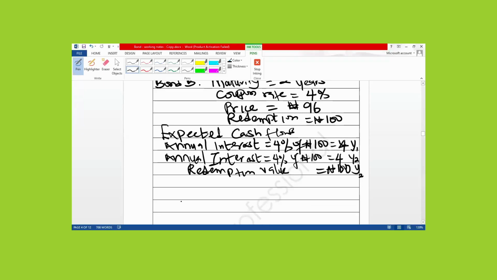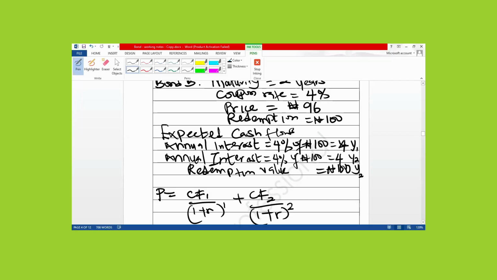I know the price today. Price is equal to cash flow in year 1 over 1 plus R in year 1, raised to power 1, plus cash flow in year 2 over 1 plus R in year 2, raised to power 2.